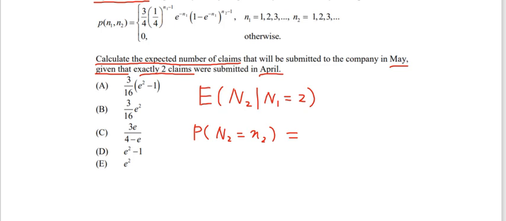N1 we just treat as a constant, like 3/4 or 1/4. 2 minus 1 becomes 1, and this is just 1 minus -2 to the power of N2 minus 1, right?